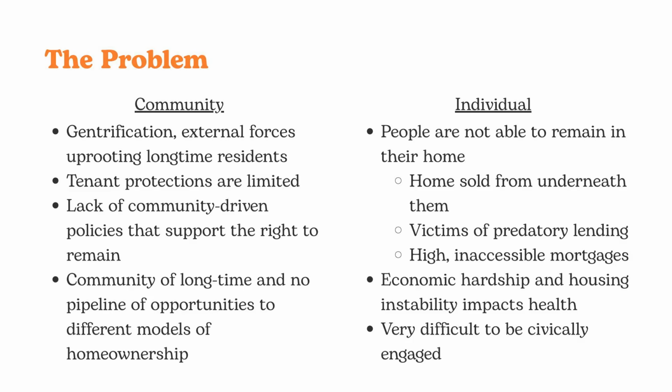How these problems are experienced on an individual level: people are not able to remain in their home, of course, which is a big challenge. Homes are sold from underneath them. They may be victims of predatory lending, or were once upon a time, and don't quite find out until later on. The mortgages, AKA the home sale prices that are available, are exorbitantly high.